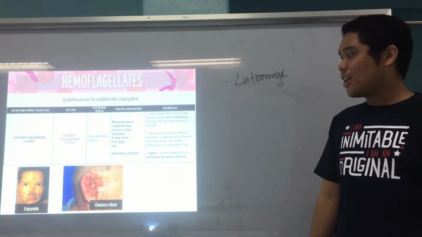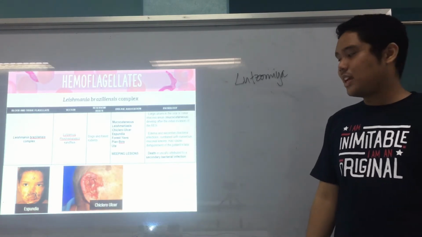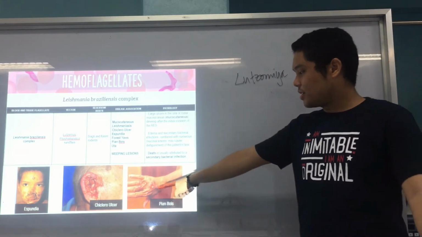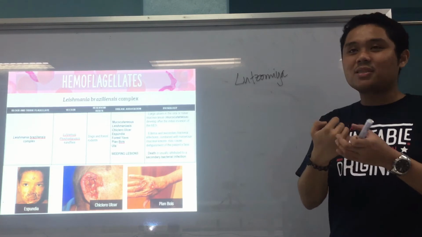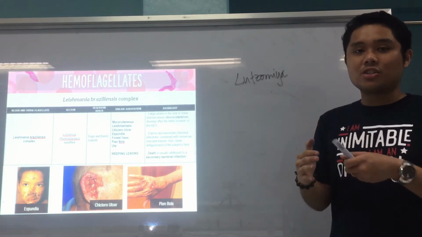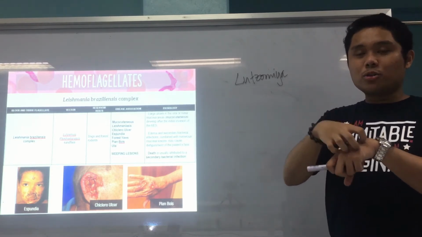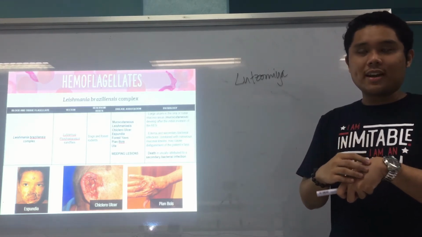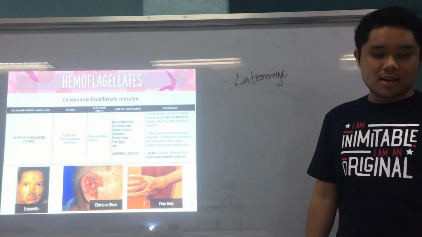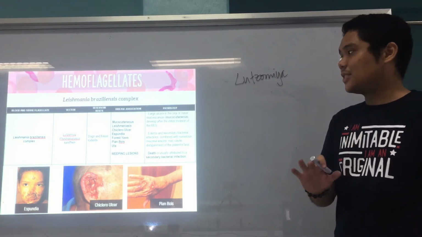You also have Chiclero ulcer, and lastly Pian-Bois. As you can see, the lesions or the ulcers are wet. It contains parang liquid. So mucocutaneous, it's not only superficial, it also involves the inner skin tissues. Alright, that's for the Leishmania brasiliensis complex.